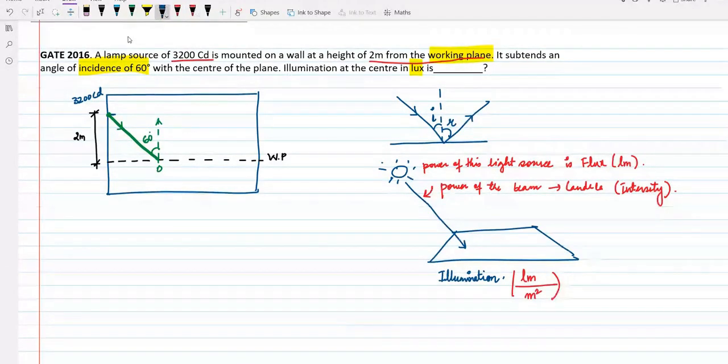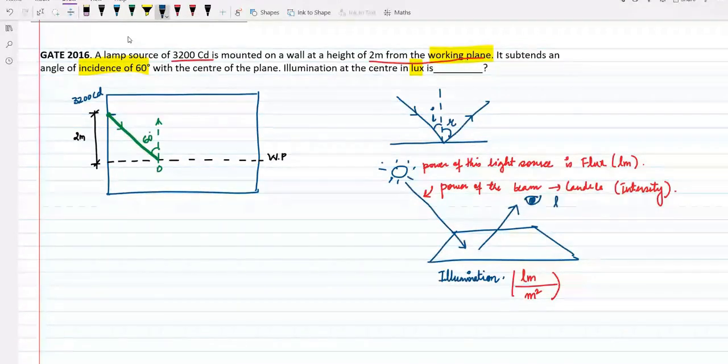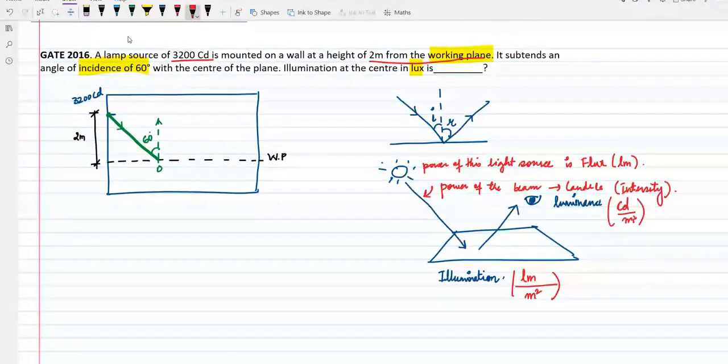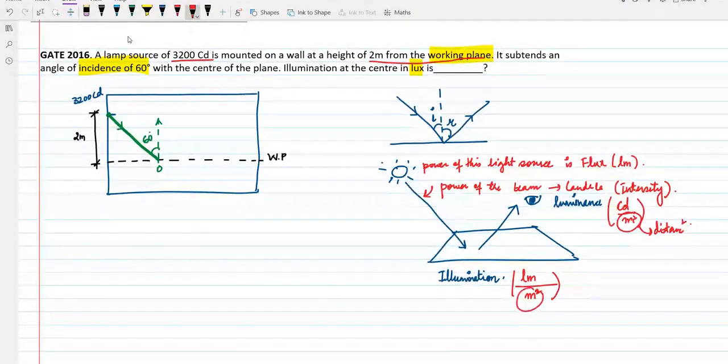Now, the reflected light from this particular plane falling onto our eyes is known as luminance. And this is nothing but candela per meter squares. This meter squares is in terms of distance, distance square. And this is area.